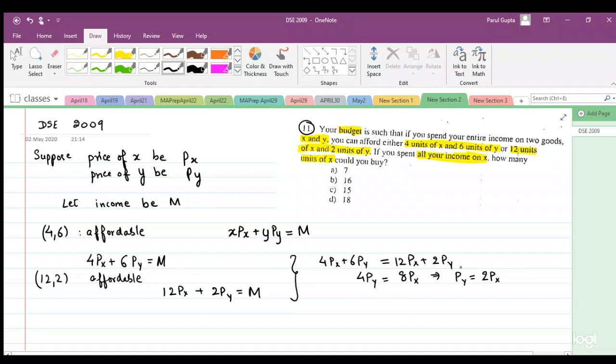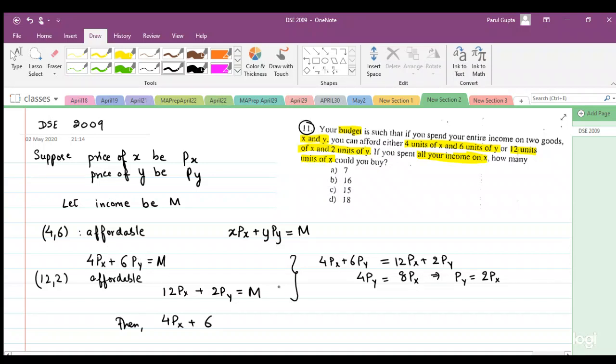We will put this back into any of the budget lines that we already have. So using this now, I am using it in the first equation, which is 4Px plus 6Py.